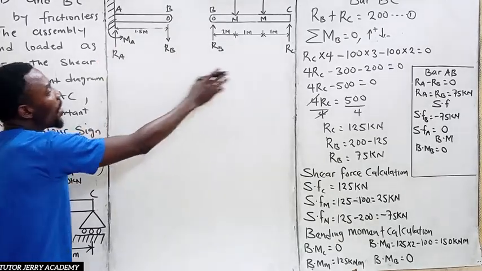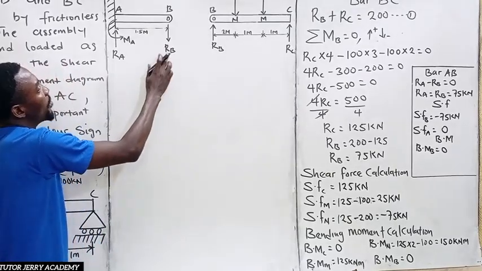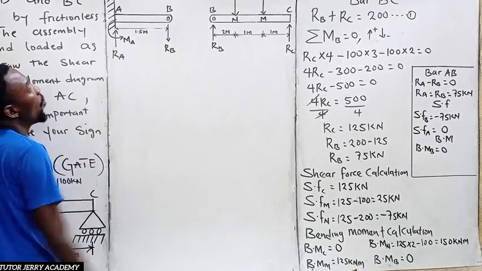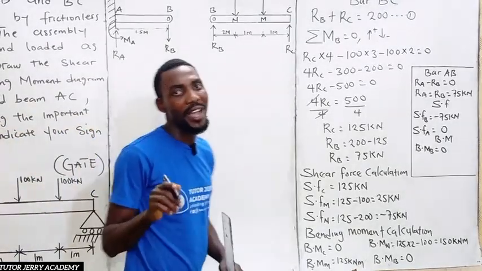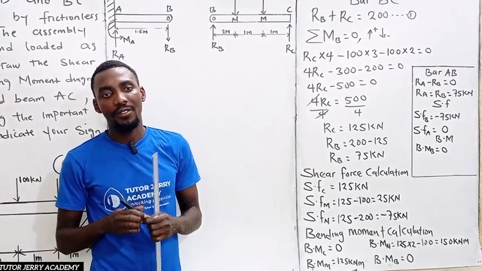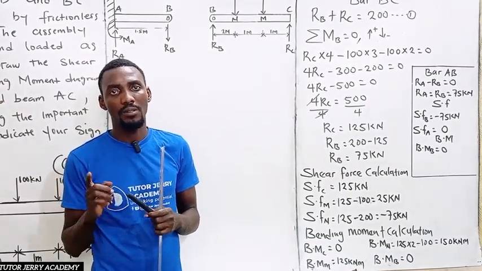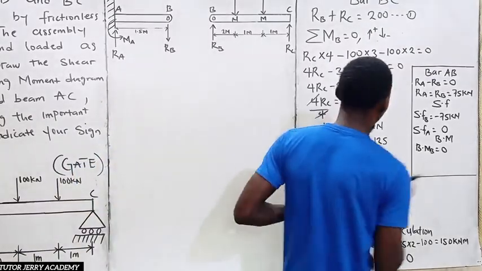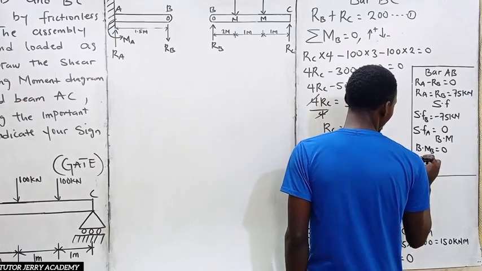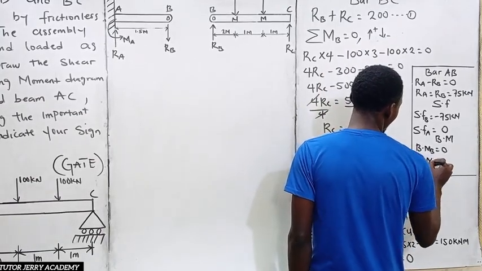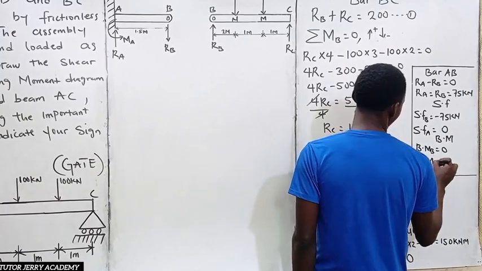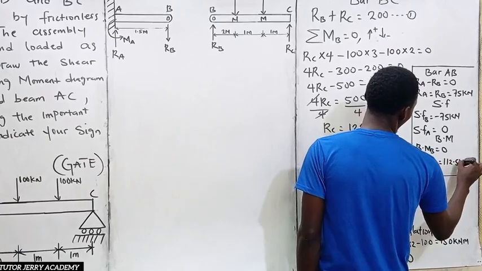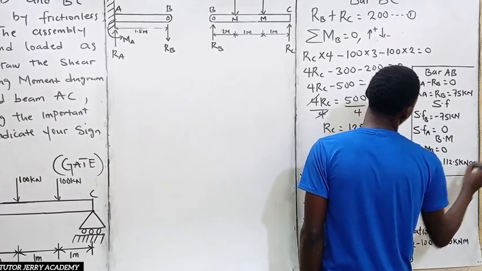But don't forget, our RB is a downward force, so it's minus 75 multiplied by 1.5, which gives us 112.5. So the bending moment at point A is 112.5 kilonewton meter.